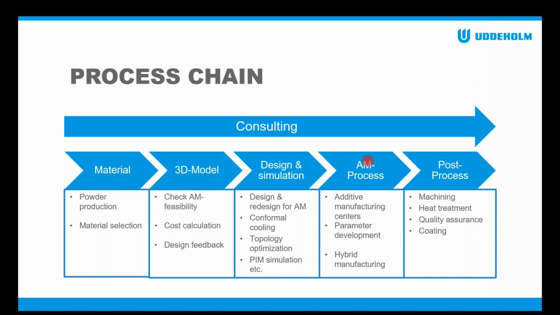So today we have 7 different machine centers around the globe where we can help you to print inserts or dies directly to you guys. So in the AM process, we can also help you with printing parts, but also develop parameters for different machines. Hybrid manufacturing is something that I will discuss more later on.